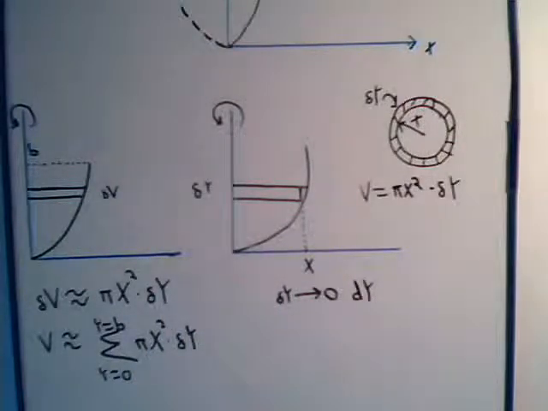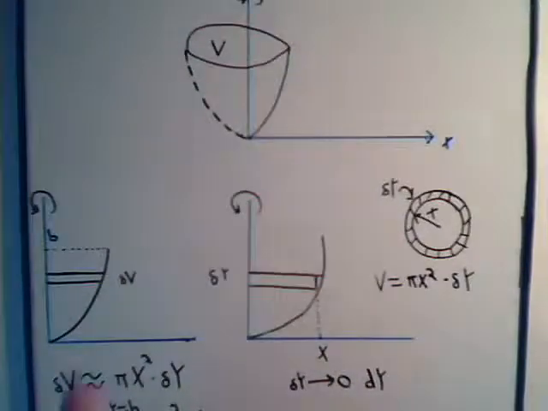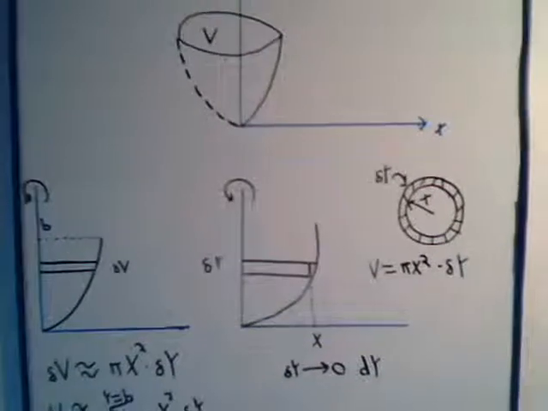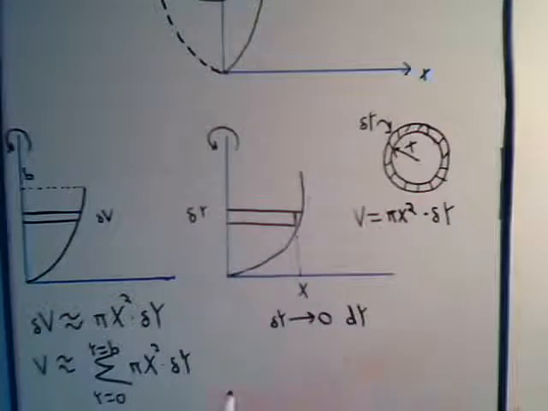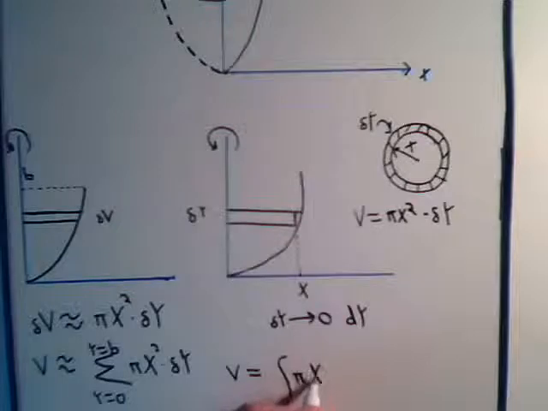Now we want to add up the volume of all of these circular disks that have a thickness of dy. As we do that, that will give us the exact volume of our figure. So the volume will equal the integral of pi x squared dy.